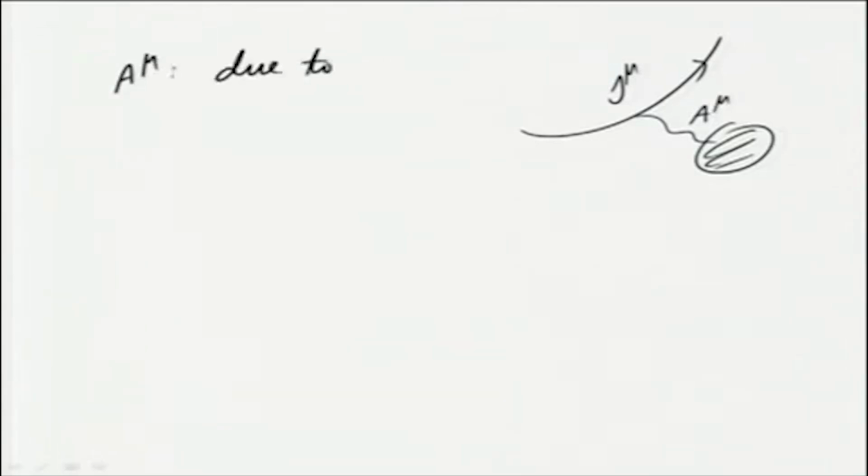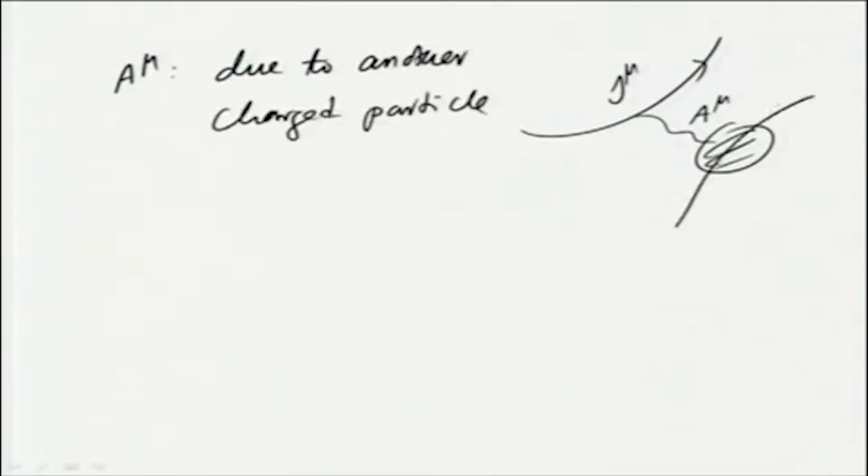Pictorially, this can be written as a current j_mu interacting with an electromagnetic field represented by A_mu. In particular, this A_mu could be due to another charged particle. In that case, we can associate A_mu with this new charged particle, and let us say A_mu is the electric field due to that charged particle.